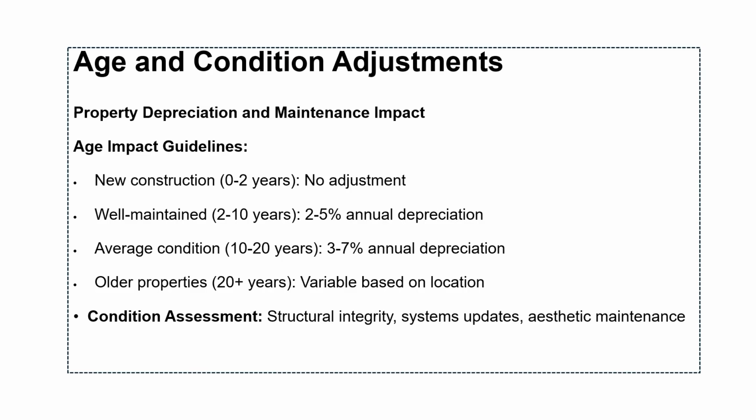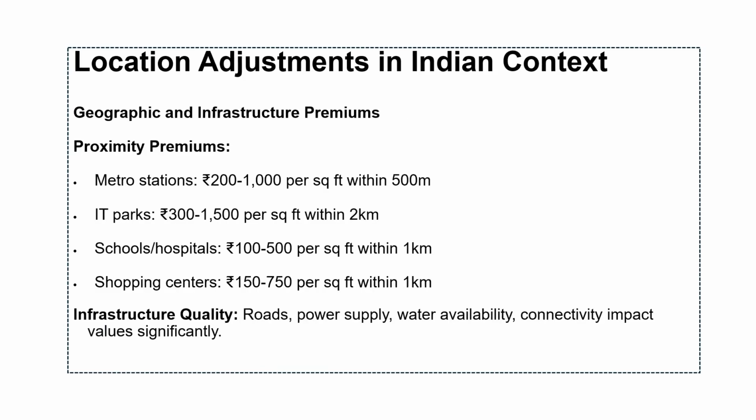So these kinds of adjustments have to be made when age is playing a crucial role. So conditional assessment can also be there: the structural integrity, system updates, aesthetic maintenance. Again, the qualitative viewpoint of the valuers comes into the picture, that they will go visit these properties and decide on the quality of that property.